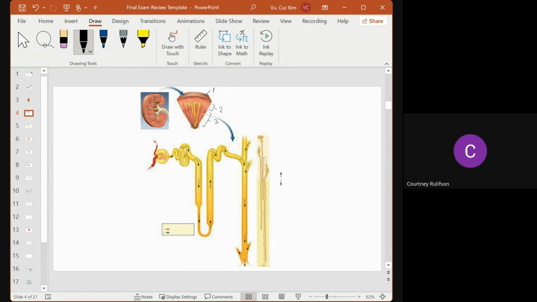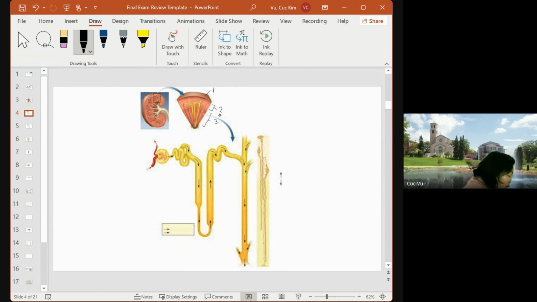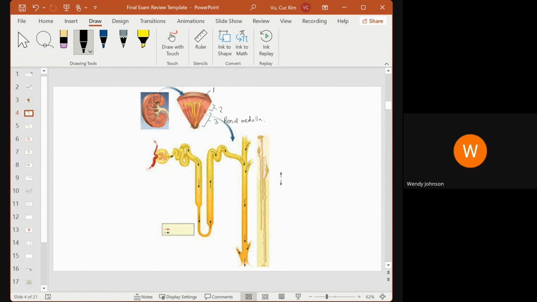The renal medulla. Yes. So the renal medulla is an area that consists of two parts. What two extra structures is it made up of? The nephron loop?